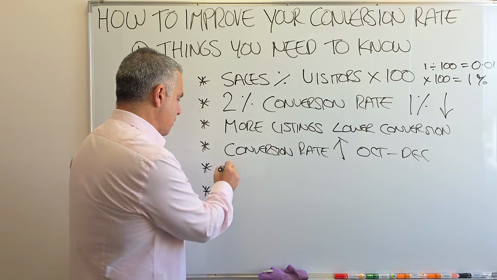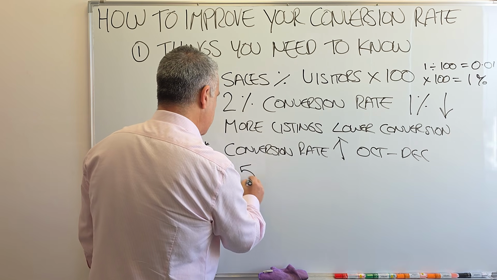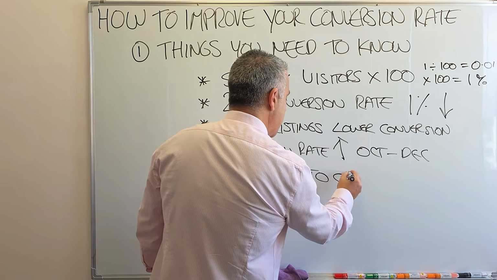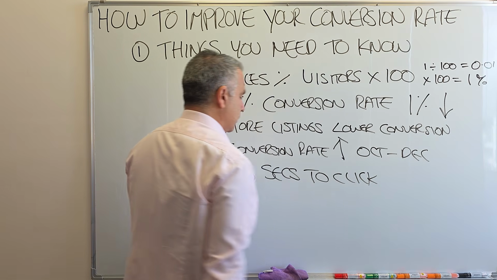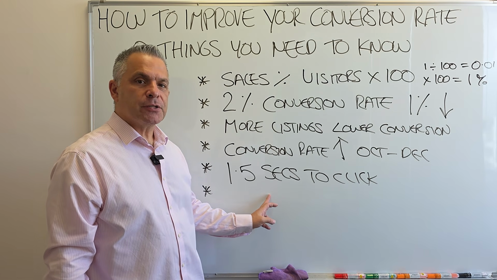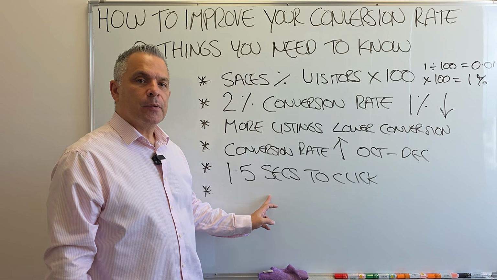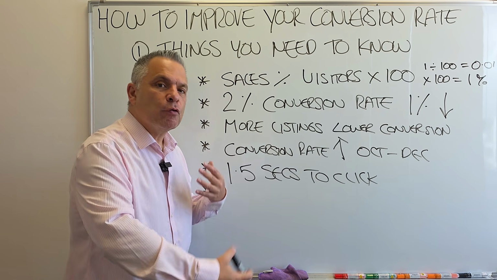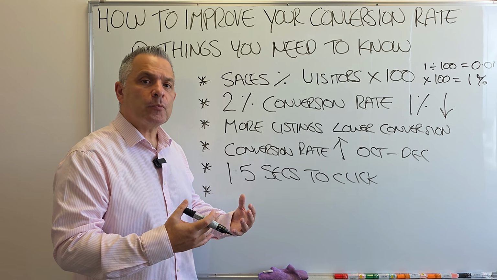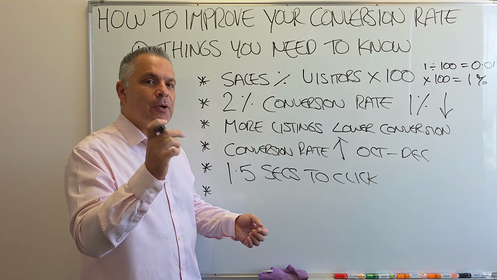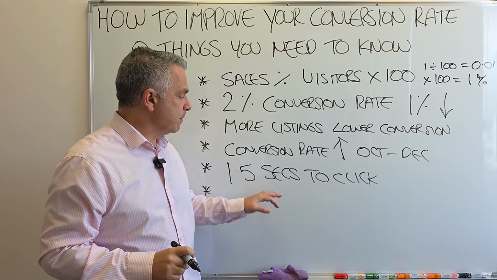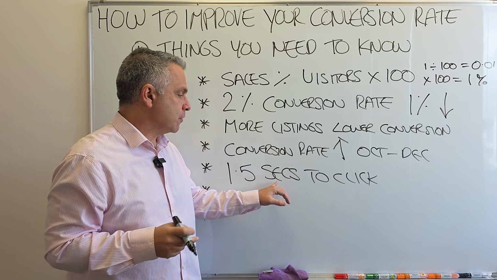Here's the next thing to know, and I think I've mentioned this recently, right? This puts it all in perspective. You get about 1.5 seconds to get that click, to get somebody into your listing, to then take them through your value proposition. And I'm going to talk about this in detail in the second part of this video. No stone is left unturned in this video. I'm going to spend all the time I need to get your conversion rate up.